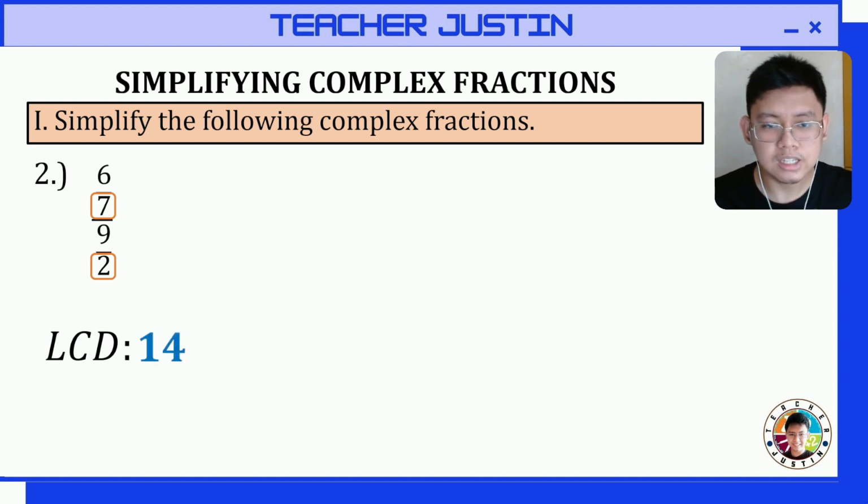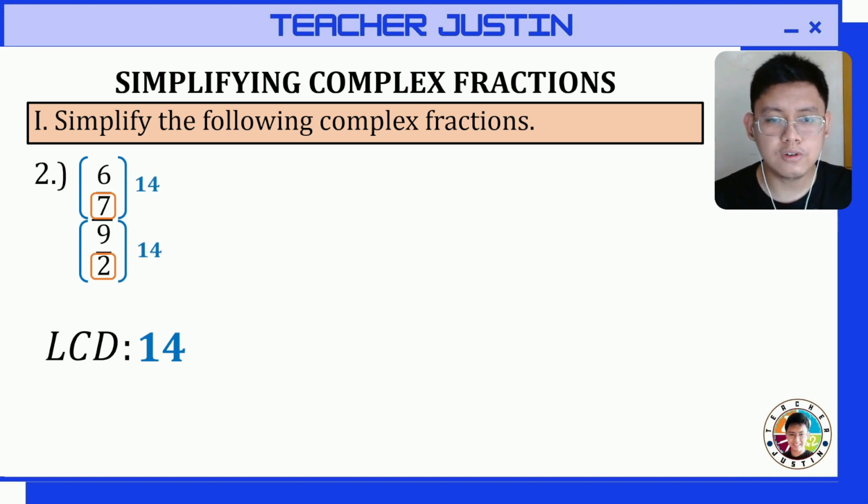Now, gagamitin natin si 14 to multiply both numerator and denominator by 14. So, let's multiply. So, 6/7 times 14, we can cancel 7 and 14. 14 will become 2. 7 will become 1. Next, 9/2 times 14. Okay, we can cancel 2 and 14. 14 will become 7. 2 will become 1.